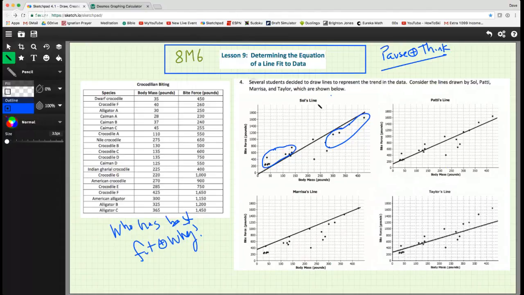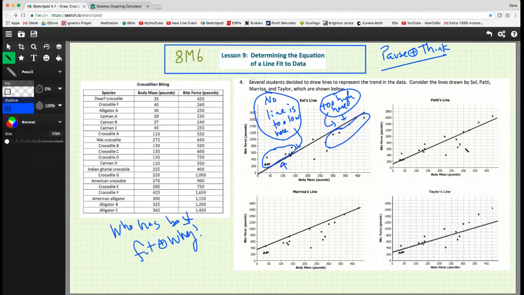And I think the answer is no. His line is too low here, but too high here. See what I'm saying? He's underneath the points over here, and he's too far above the points over here. So Saul, I would say no.